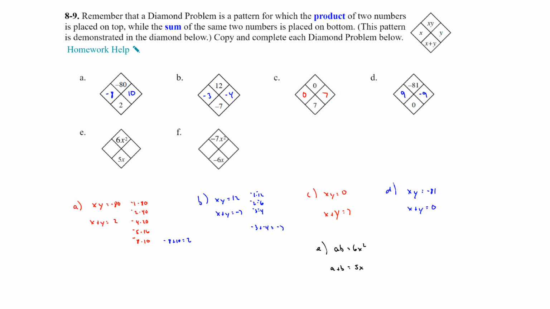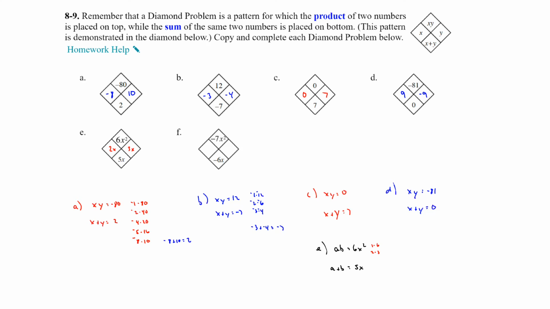And to get 6, it's either 1 and 6 or 2 and 3. Well, that has to add to give you 5, so that would be 2 and 3. So 2 times 3 is 6, 2 plus 3 is 5, but x times x is x squared, and then x plus x is your x, or the 2x plus the 3x is the 5x.